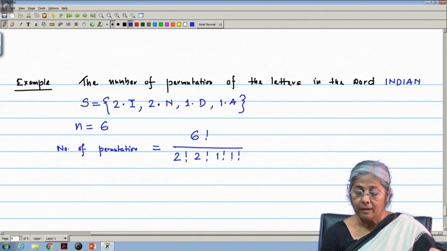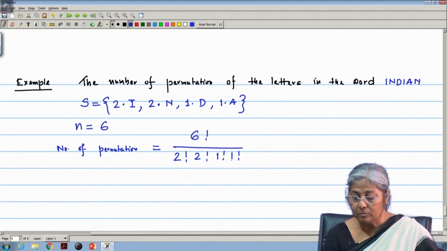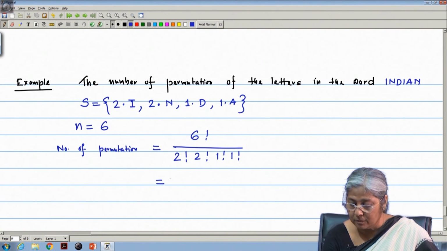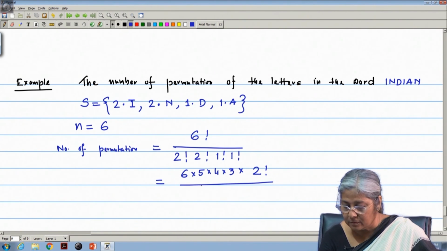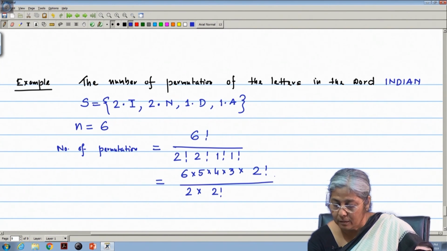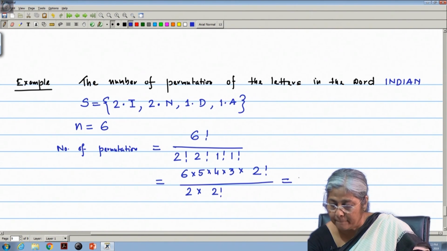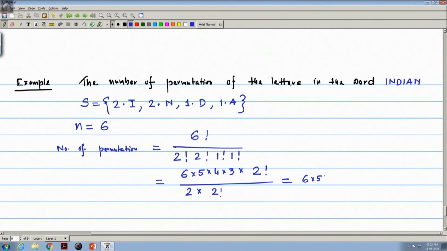That means I with 2 repetition, N with 2 repetition, D with 1 repetition, A with 1 repetition. So, I can write 6 into 5 into 4 into 3 into 2 factorial divided by 2 factorial into 2 factorial, and this becomes 6 into 5 into 2 into 3, which is 180.